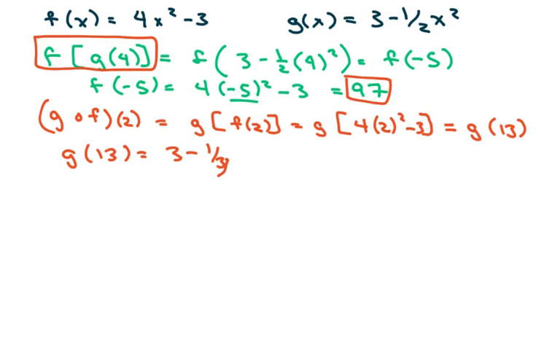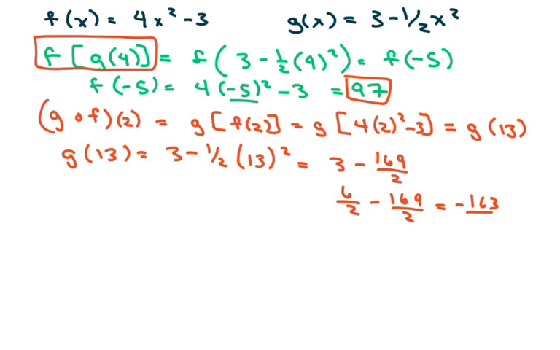Which is going to be 3 minus 169 over 2, which is basically 6 over 2 minus 169 over 2, which equals negative 163 over 2. And that's going to be this one.